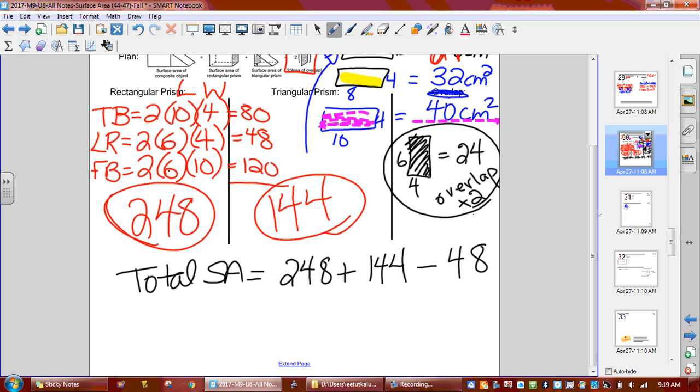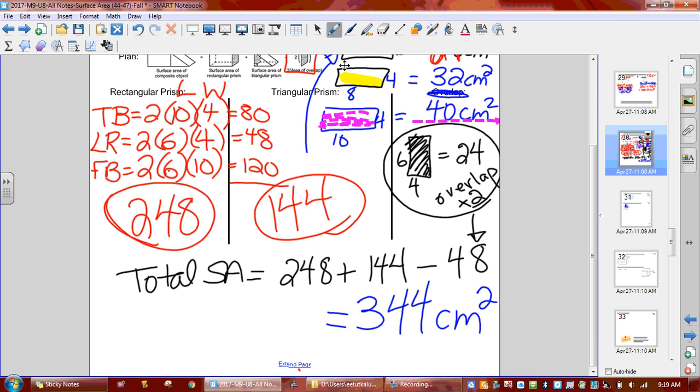When we add it all up and subtract our double overlap, we should get how big? 344 centimeters squared. Check your work. Make sure you got it written down properly in your equations.